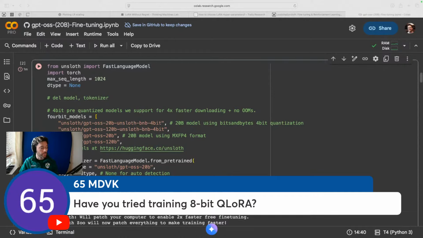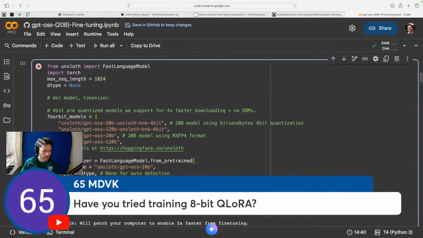I haven't trained the 8-bit. 8-bit is interesting because in principle, you lose quite a lot less quality at 8-bit than 4-bit. I'm always a bit wary of 4-bit. I think it does degrade quality. So yeah, I think 8-bit is kind of interesting. If you do enable it, you can do it with load in 8-bit equals true.